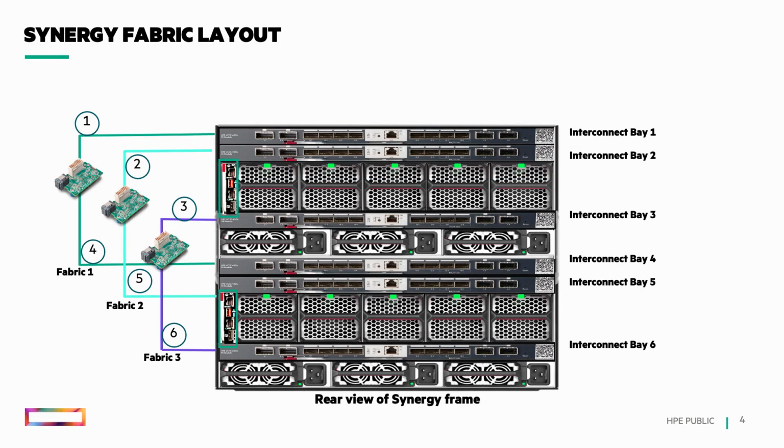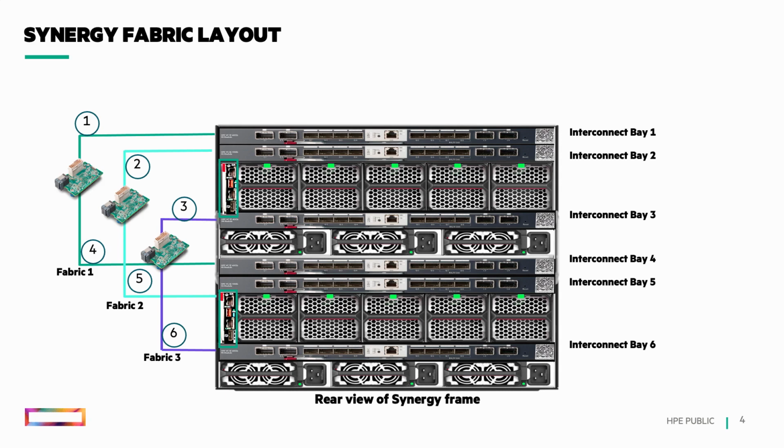As you know, for the core networking part of Synergy, we call it the fabric. It consists of the Virtual Connect. We have three fabrics, and for each fabric, you can have a Virtual Connect module.